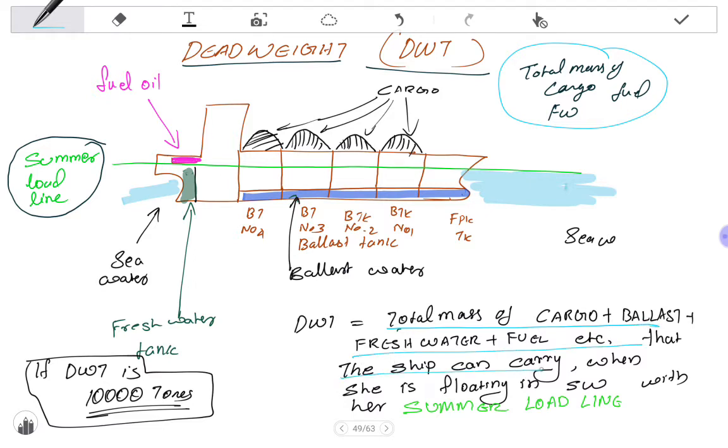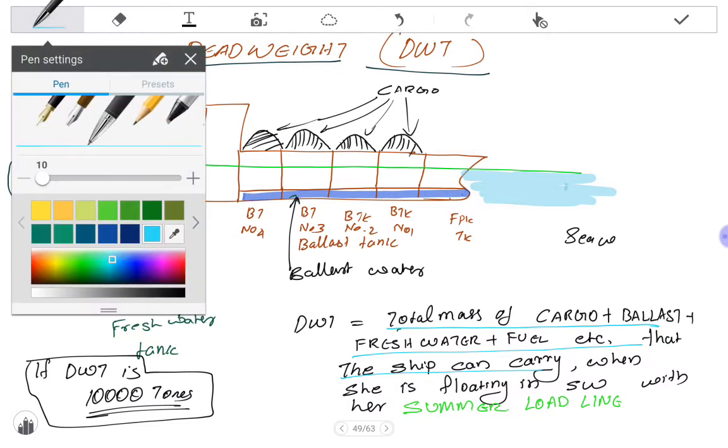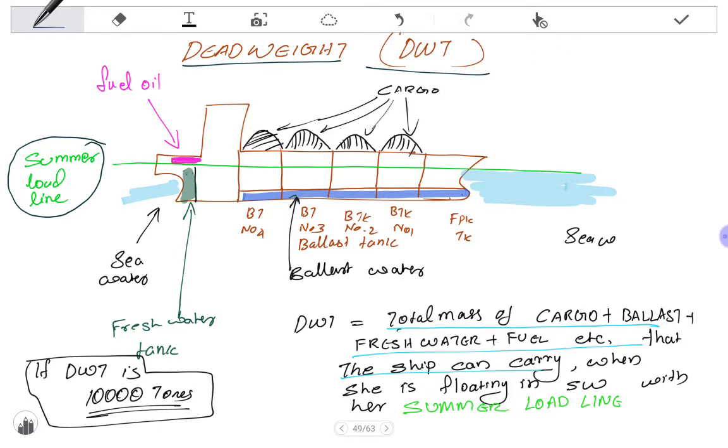Okay, so the dead weight of the ship can be found out using: dead weight is equal to load displacement minus light displacement. Load displacement means the weight of the ship when it is floating at the summer load line.